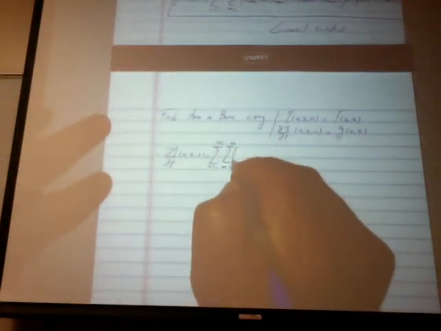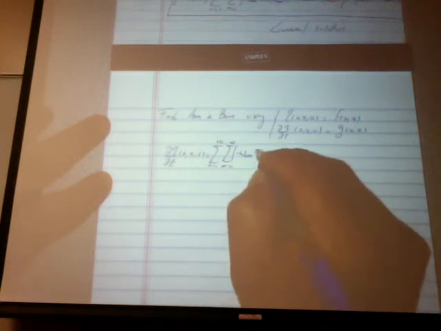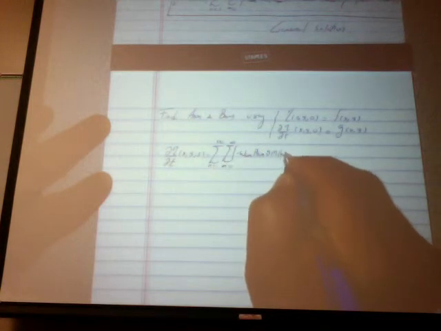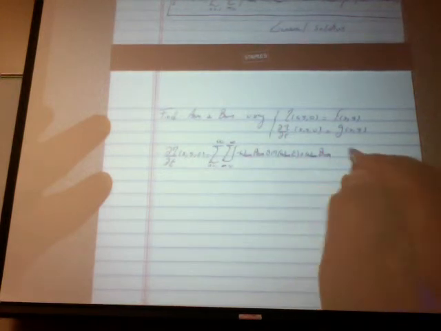This will be minus omega nm, a nm times the sine of omega nm t plus omega nm, b nm times the cosine of omega nm t.